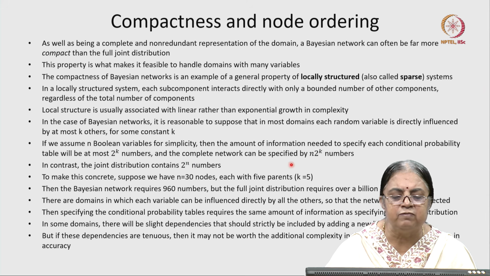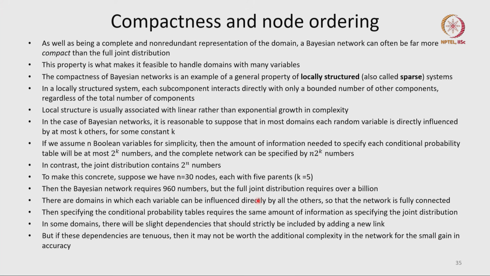So, there is a difference there. Suppose n is 30 and k is equal to 5, you find that the Bayesian network requires 960 numbers and the full joint distribution requires over a billion. So, it makes a lot of difference if you are able to use the Bayesian network instead of the full joint distribution.